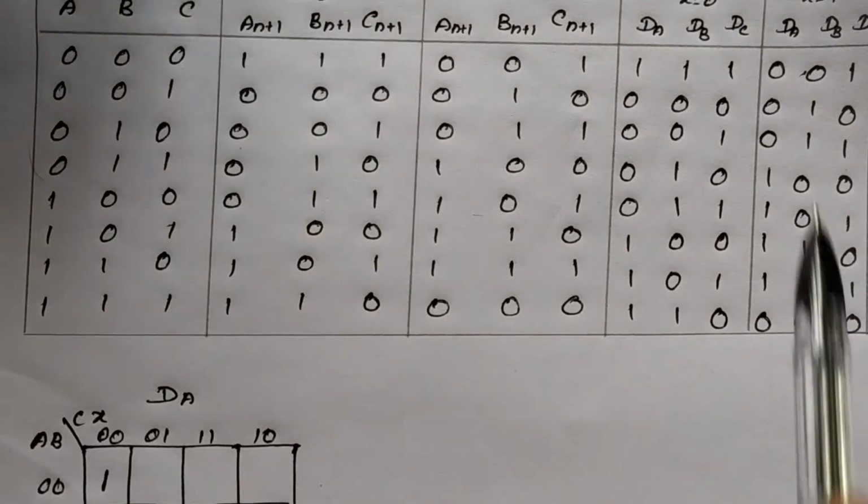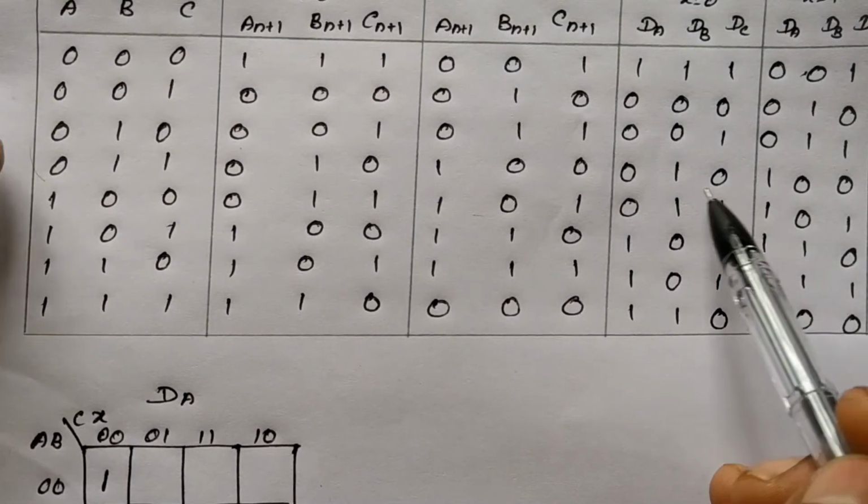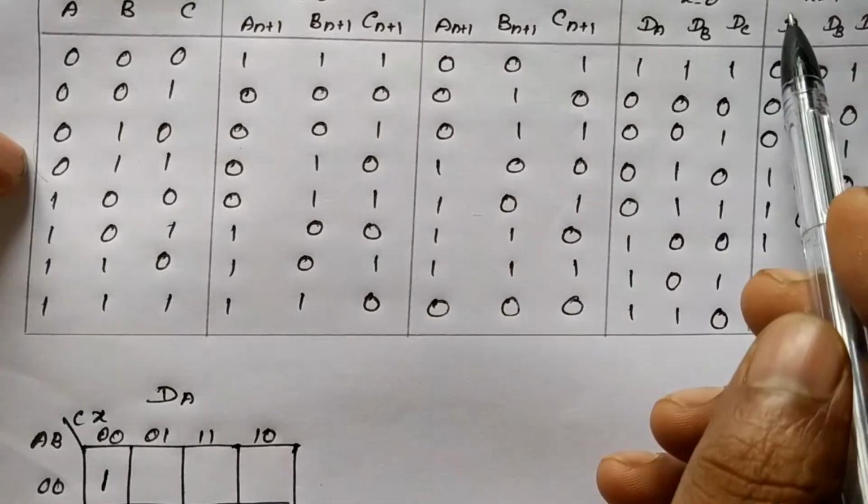Likewise, for x is equal to 1, here we are having 1. Respective present state is 0, 1, 1 and input 1.